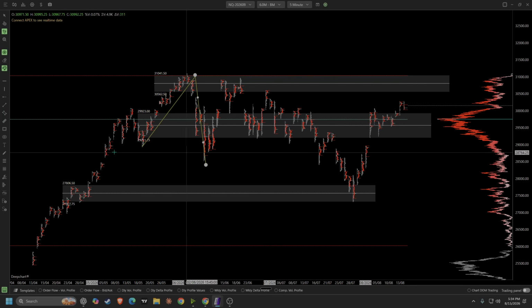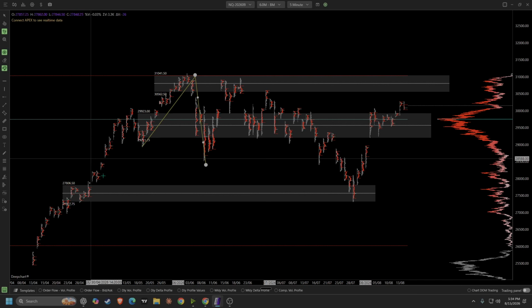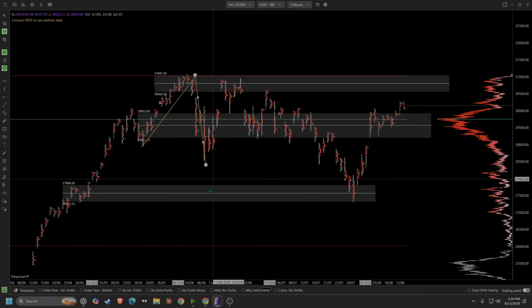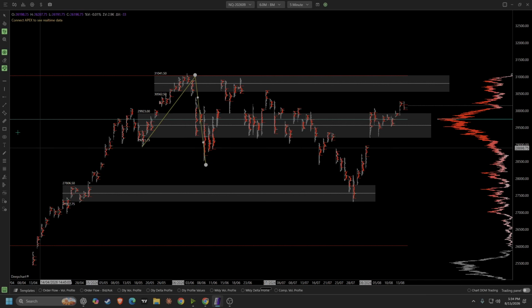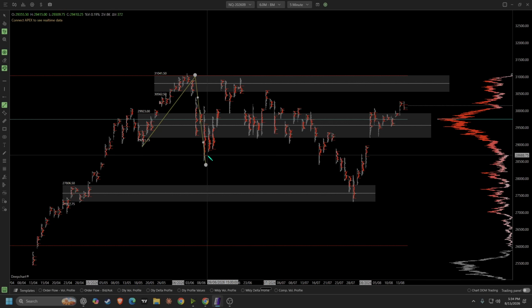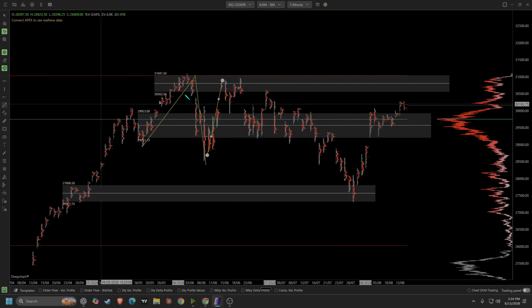This is an interesting one, right? We don't have any real value areas here. It didn't make it all the way down, and then it just ripped through to retest. Then we came back down again to the other side, retesting the bottom of this value area, and then bounced again.